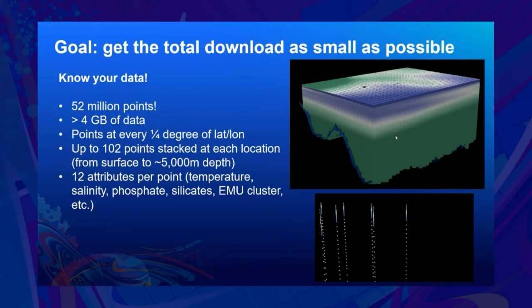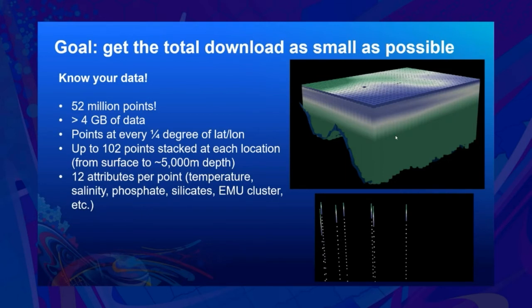You need to know your data to do this. This data set has points at every quarter degree of latitude and longitude. Then for each point, it has up to 100 different depths with different attribute information at each location.